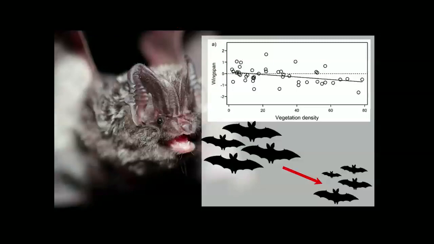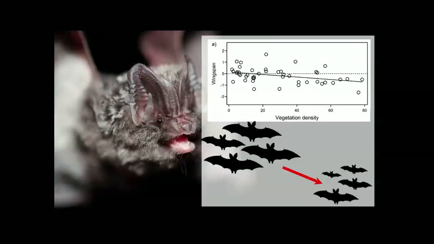Wingspan showed a strong filtering effect along the vegetation density gradient, meaning that bat assemblages in the dense vegetation were composed on average of smaller species than those of open areas, which makes sense because big species cannot fly in dense vegetation.